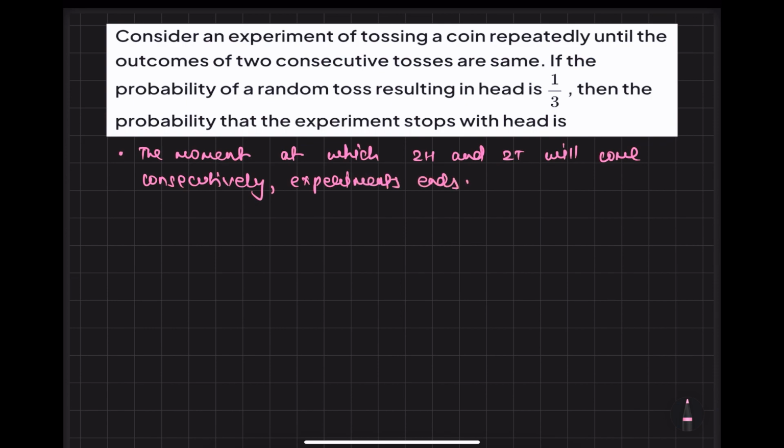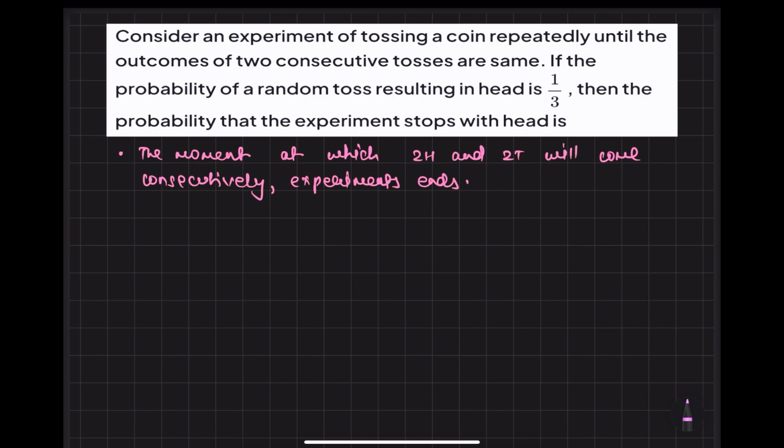Okay. Now, if the probability of a random toss resulting in head is 1 by 3, so the probability of getting head is 1 by 3, therefore the probability of getting tail will become 1 minus 1 by 3, that is 2 by 3.